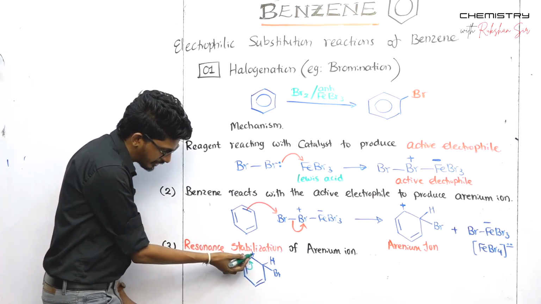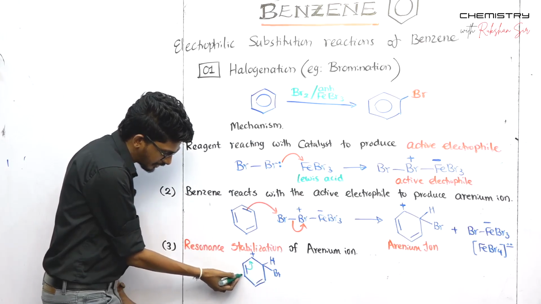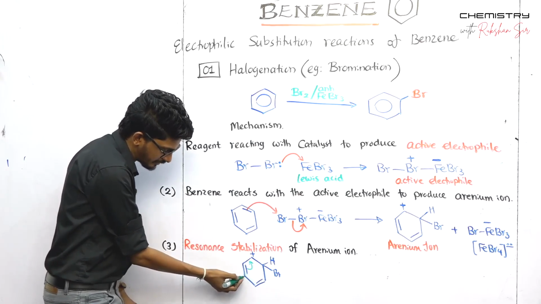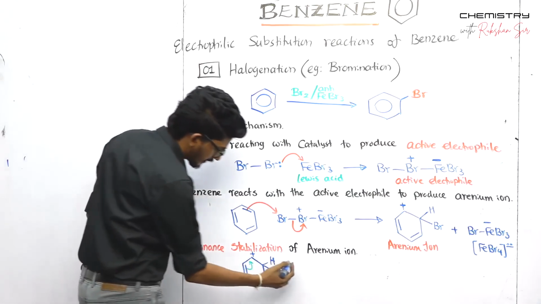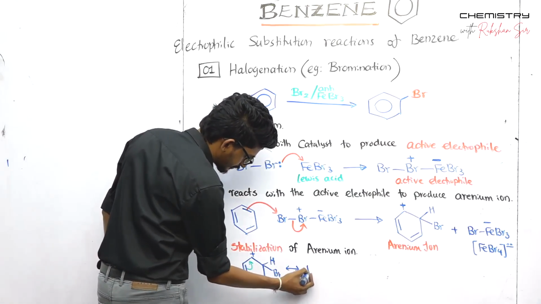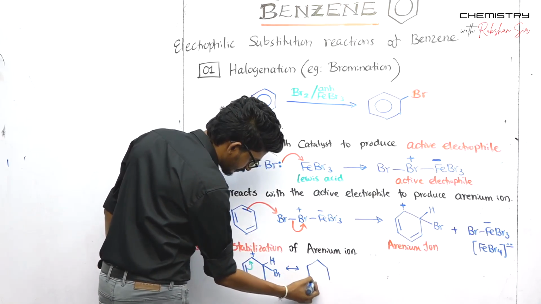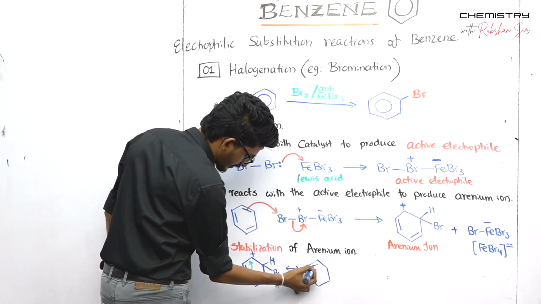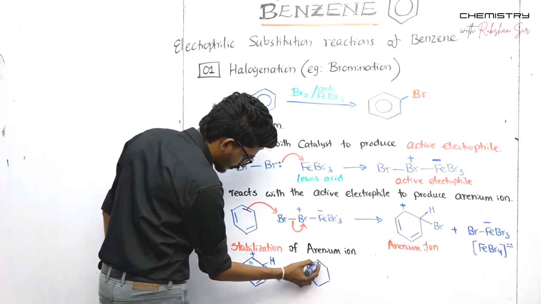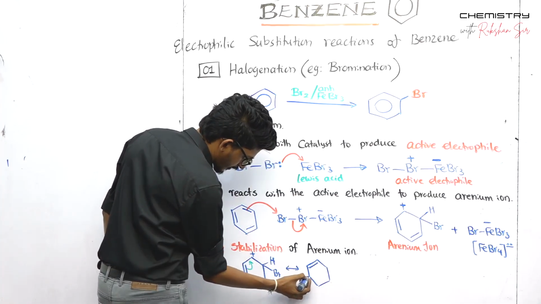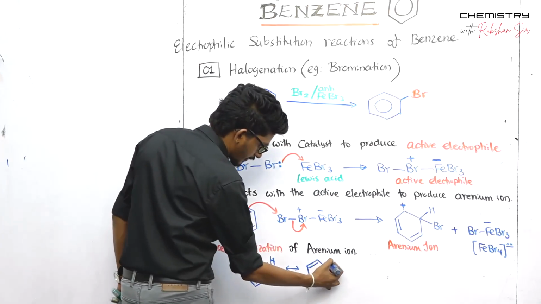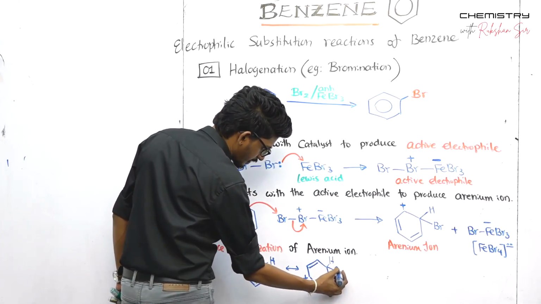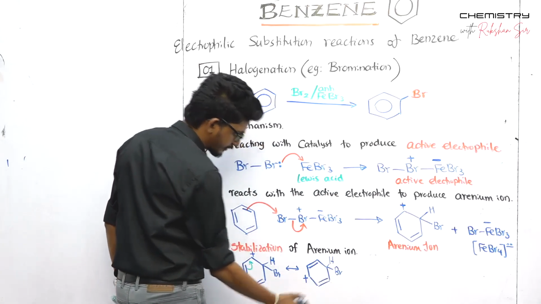The positive charge disappears, and as this carbon loses this electron, a positive charge forms here. So the resultant structure is like this. Here is the newly formed bond, but you now have a positive charge here. Hydrogen is there, Br is here, and there is a double bond here as well.